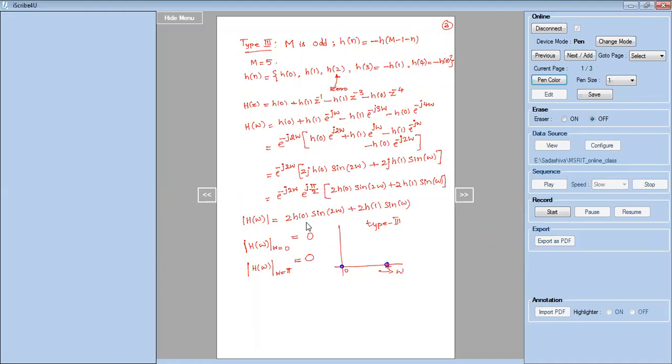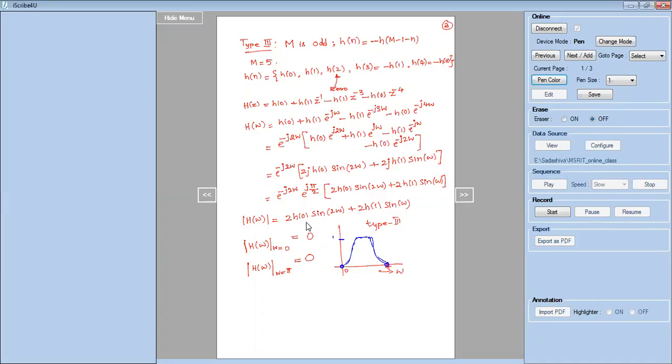If you consider a low pass filter, we expect magnitude of 1 at omega is equal to 0, isn't it? So a low pass filter cannot be designed. A high pass filter should have the magnitude gain of 1 at omega is equal to pi. So this does not allow us to design a high pass filter, or even a band stop filter. So what can we design? We can design a filter structure, or frequency response of the filter, something like this.